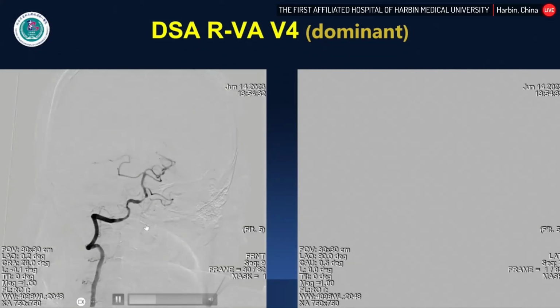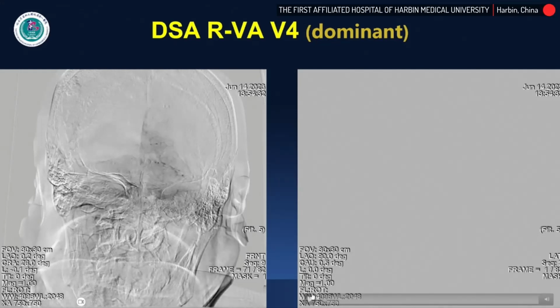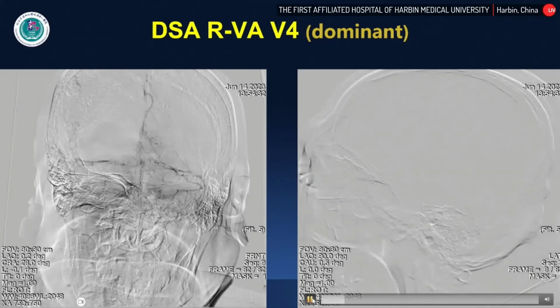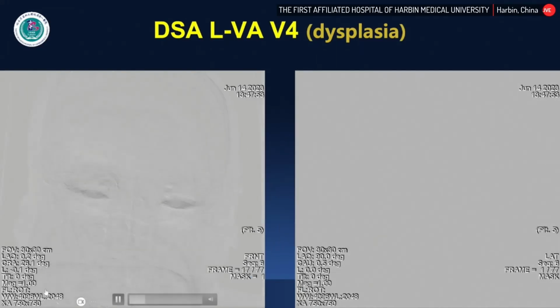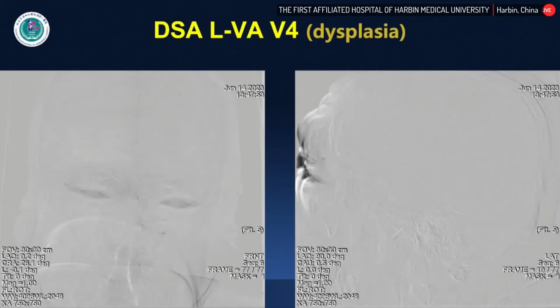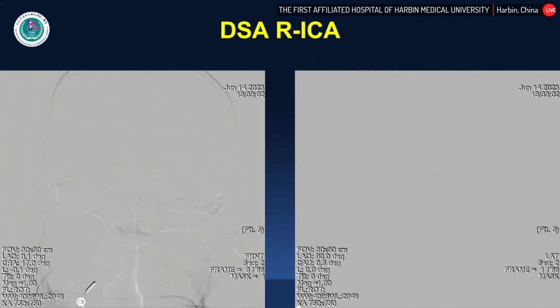Also, we can see the right vertebral artery is the dominant artery. This is the lateral angiography. We also did the left vertebral artery angiography. We can see it is a dysplasia, and the C4 segment is also nearly occluded.